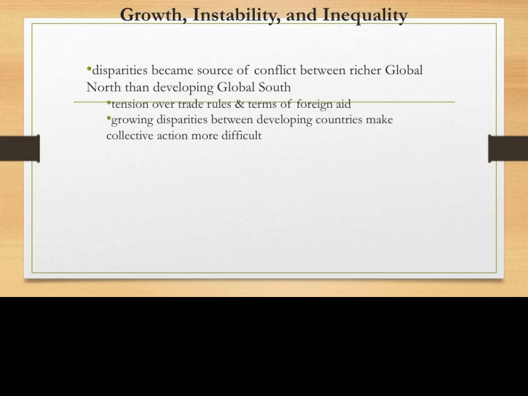There have been growing disparities that have become a source of conflict between the richer global north and the developing global south. That tension over trade rules and terms of foreign aid has been there. And the growing disparities between developing countries made collective action rather more difficult.